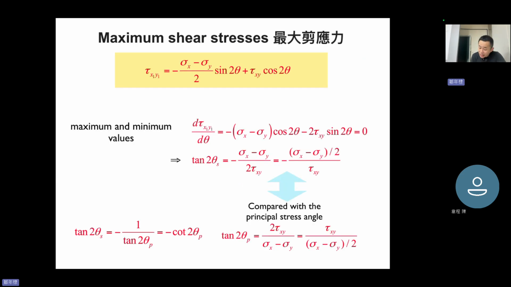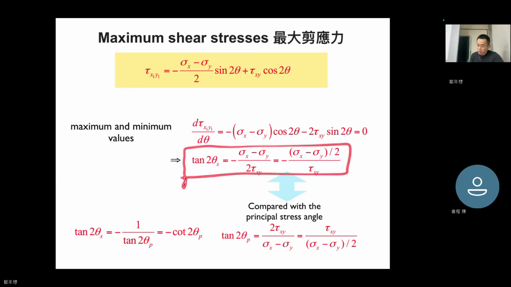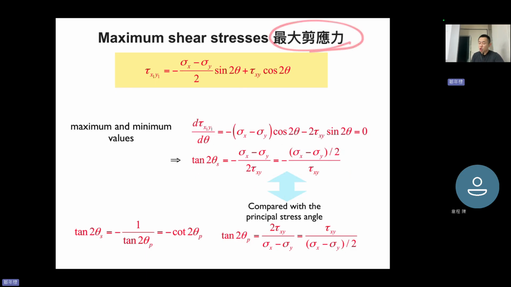Okay, another thing is the maximal shear stress, very similar to what we learned. For tau x1y1, we want to find the maxima and minimum. We do exactly the same thing. We do the differentiation, set it to 0, and then we obtain the solution. Only if theta s, this orientation angle, satisfies this formula, will it give you the maximal shear stress.